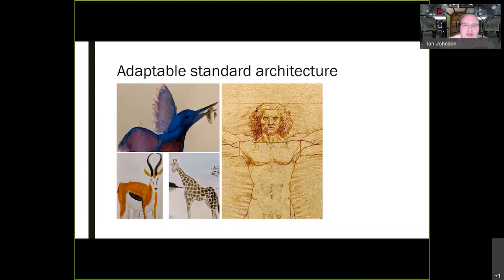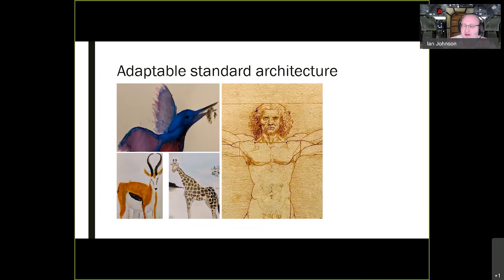Now, it doesn't mean that we have one architecture, because nature doesn't either. Nature has the architecture of insects, which is different from the architecture of fish, which is different from the architecture of invertebrates. But by default, we have very successful architectures that can adapt to most scenarios.